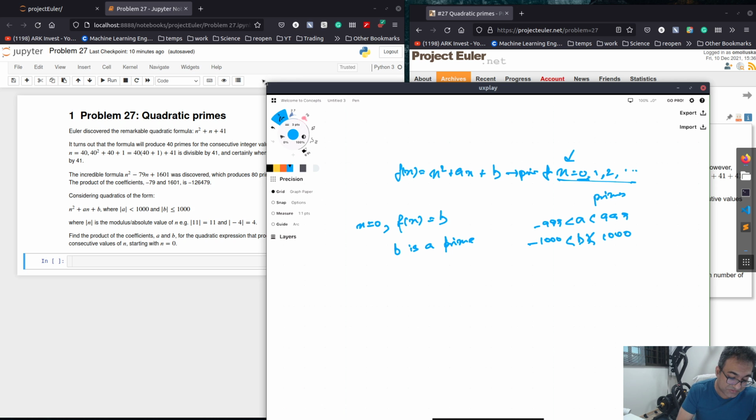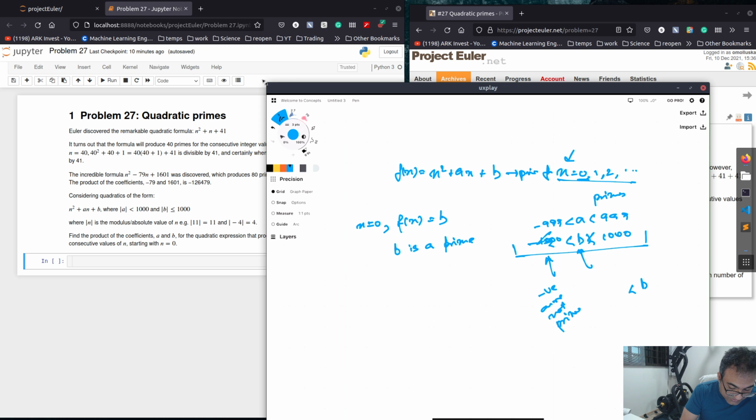That means that we don't actually have to solve for all the values over here. We just need to solve for all the values in which b is a prime. This also means that we don't care about negative values, because negative values are not prime. So that's a great thing to know. And so b can be only positive values.